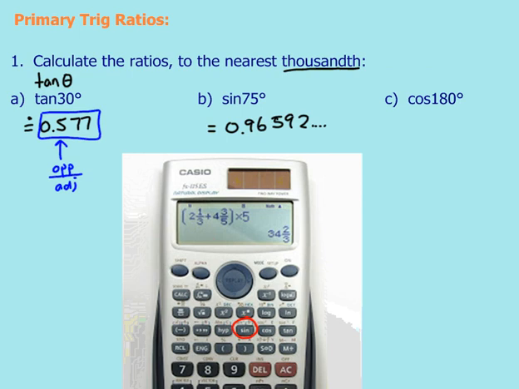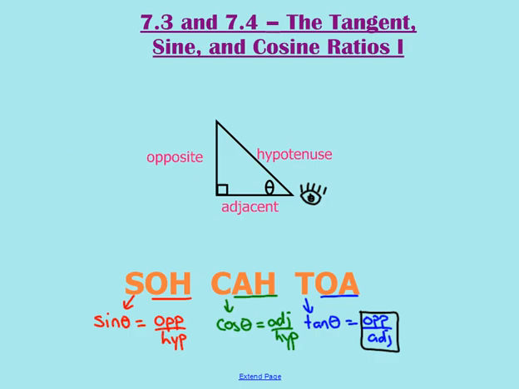Okay, and again, we want three numbers after the decimal place, but we're always looking at that fourth to see if it's going to round our 5 up, and it does. So 9's a little bit high. I'm going to change that 5, it's going to round up to a 6. Okay, an approximation because I rounded. And again, this answer represents opposite over hypotenuse when your theta was 75 degrees.